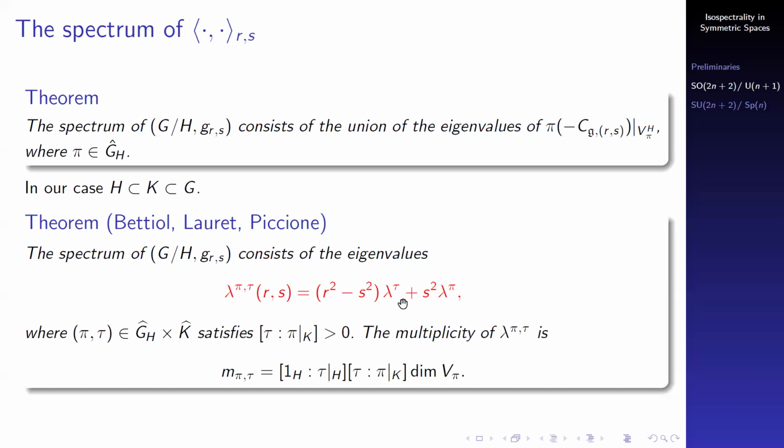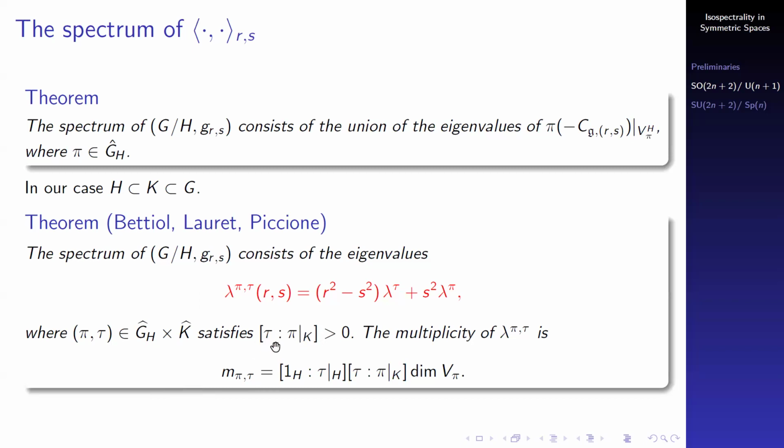Here lambda tau is, as I said, the multiple by which minus the Casimir element acts for the representation tau, and this for the representation pi. Here pi has to be an irreducible representation in the spherical representations for the pair (G,H), and tau has to be a representation of K such that when we restrict pi to K, it may not be irreducible.